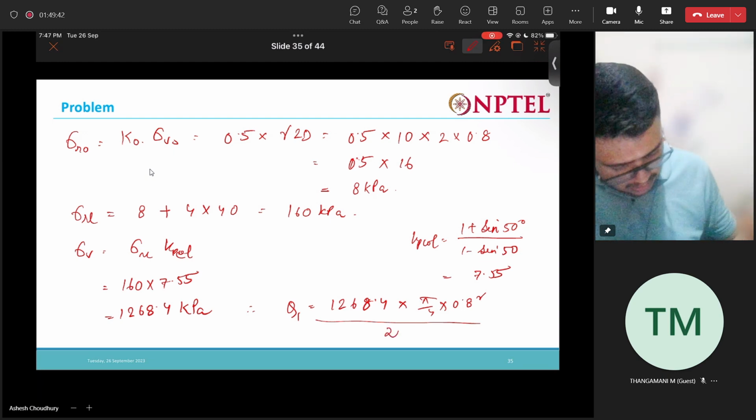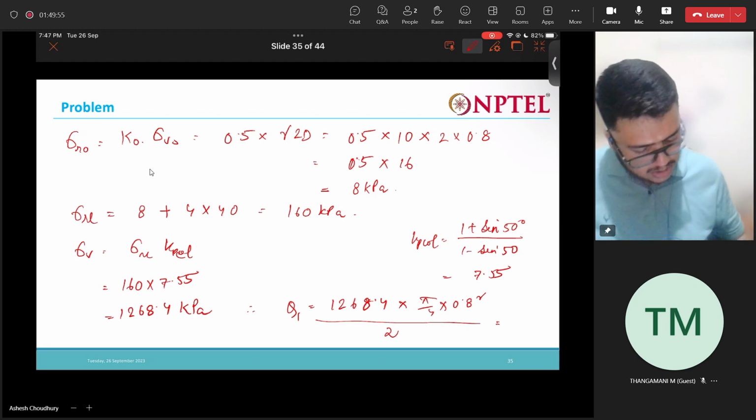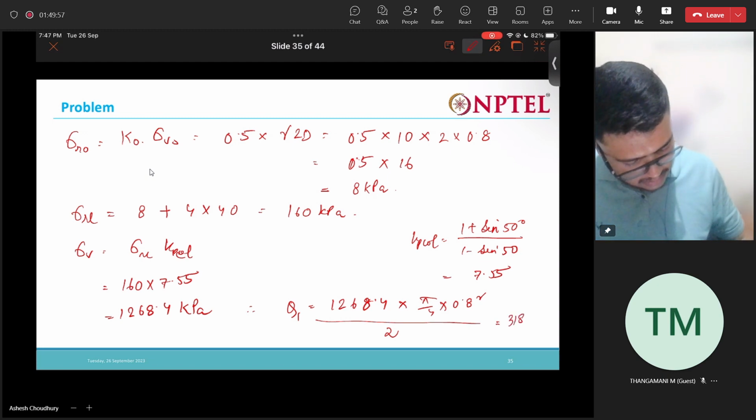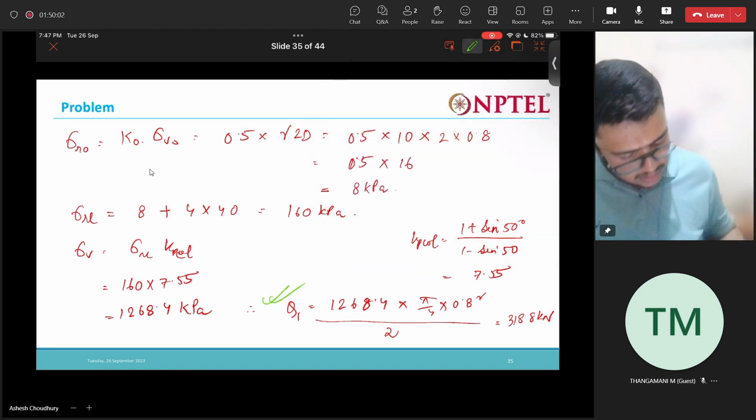So 1268.4 times pi by 4 into 0.8 square by 2 gives 318.8. So this one you got Q1.